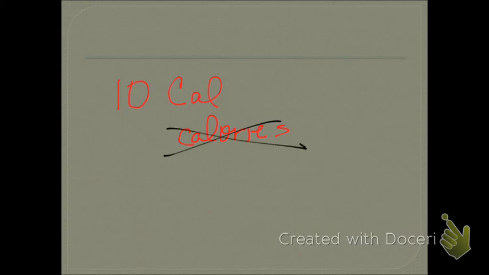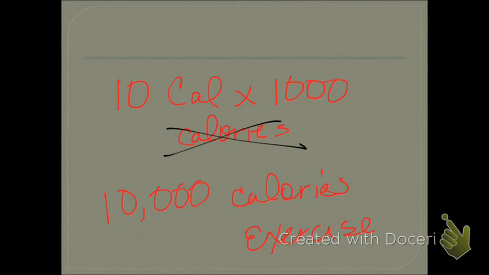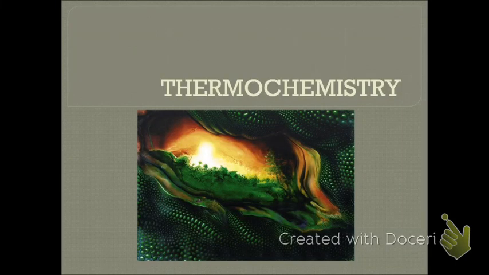It is 10 times 1,000, and that is giving you 10,000 calories. These are the ones that you burn off when you do your exercise. So while you're like, oh, it's just 10 calories, that is not true. It is actually 10,000 calories. So please keep that in mind for those of you who may be watching your calories as you eat. And that ends this section of your lecture on thermochemistry.